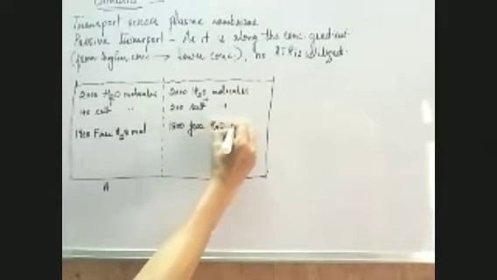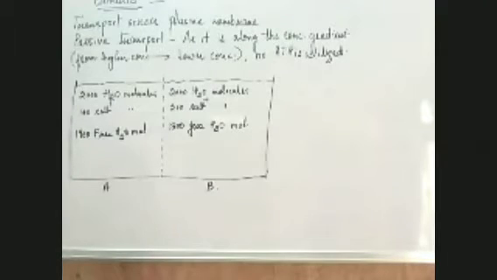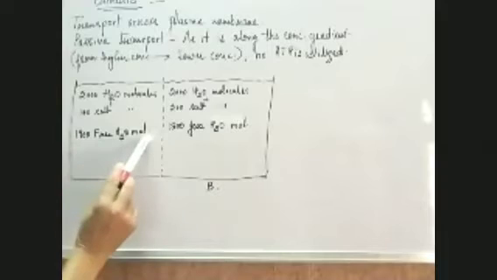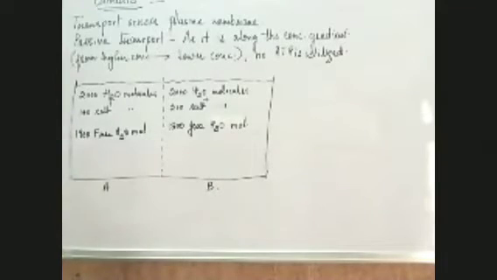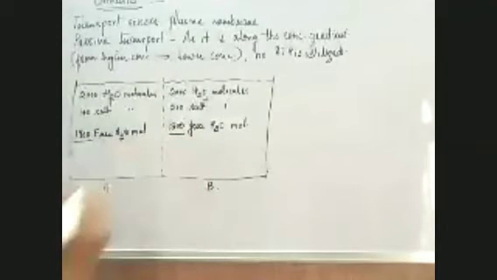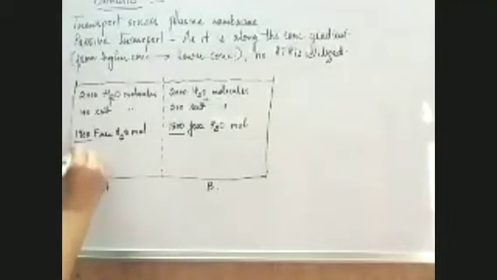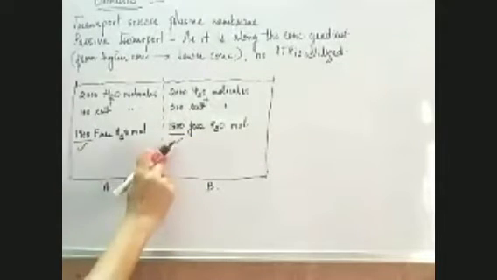Now, the number of free water molecules is more in A as compared to B. We find that the free water molecules are 1900 in chamber A and 1800 in chamber B. So A has more and B has fewer free water molecules.